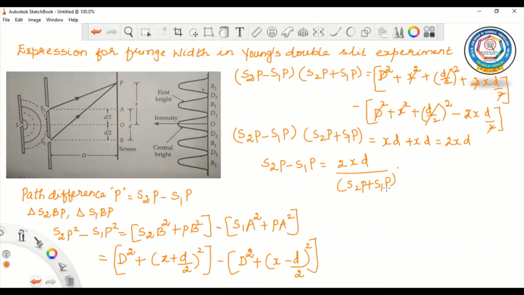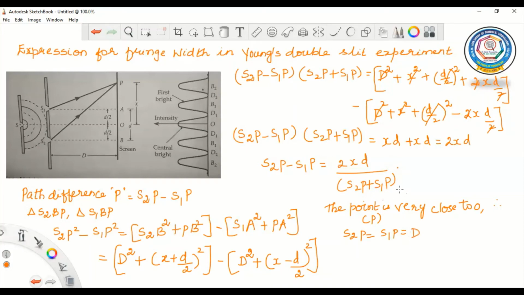The point P is very close to O. Therefore, you can write that S2P is equal to S1P is equal to capital D.